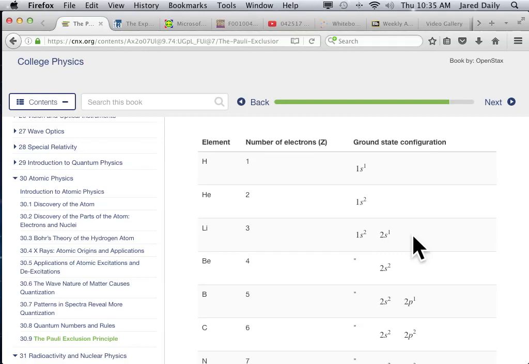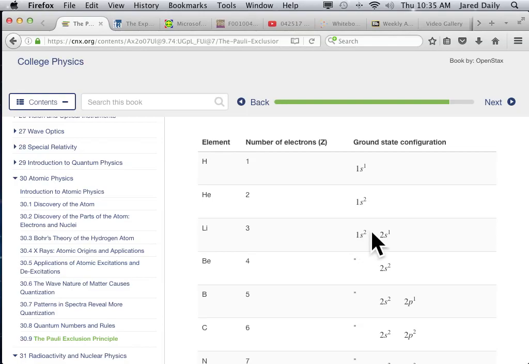Now in the second row, we have a 1s1 and a 1s2 as well. Okay? But we also have 2s1, 2s2, and 2p1, 2p2, 2p3, 2p4, 2p5, 2p6. Ground states. So 1s2, 2s1 is lithium, right? 1s2 takes care of those 2 electrons, and 2s1 takes care of that one.